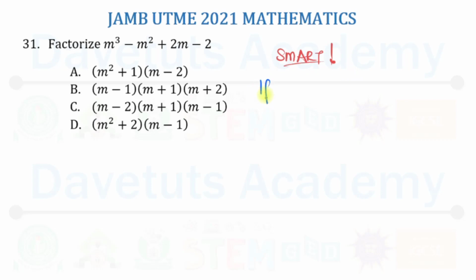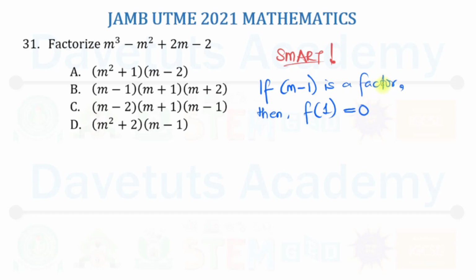In this case, the factor theorem says that if m minus 1 is a factor of that polynomial, then the function of 1, which is gotten by saying m minus 1 is equal to 0, so m is 1, is equal to 0.